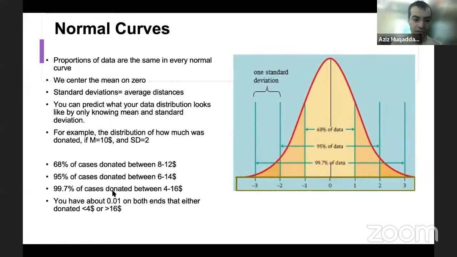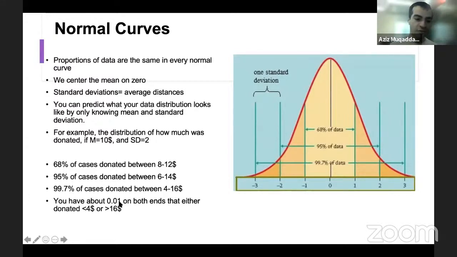So if you look at both ends, we would see only about 0.1%, not 1%, but 0.1%, or 0.01, on both ends, who either donated below $4, so let's say $1, $2, $3 or nothing, or above $16.